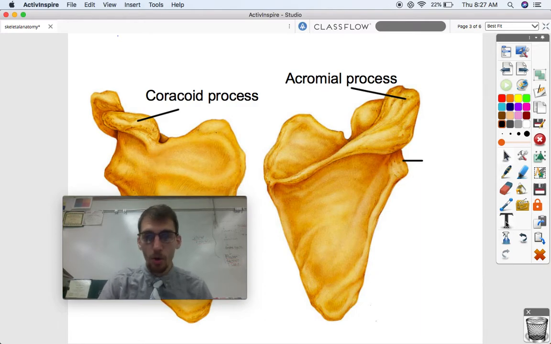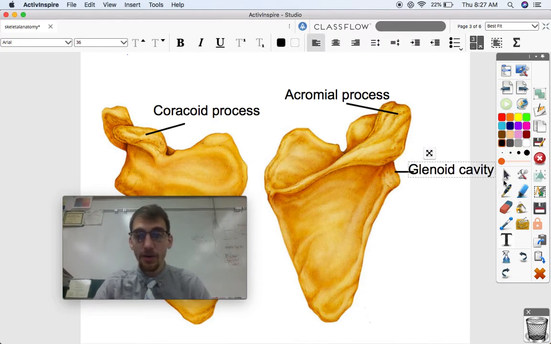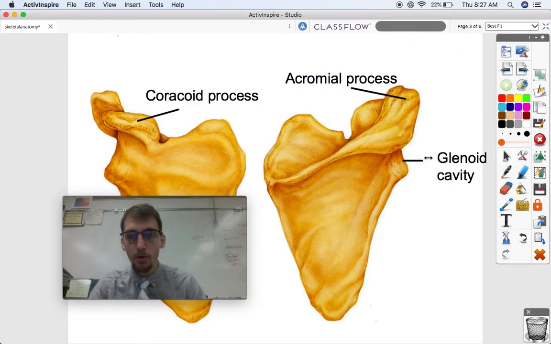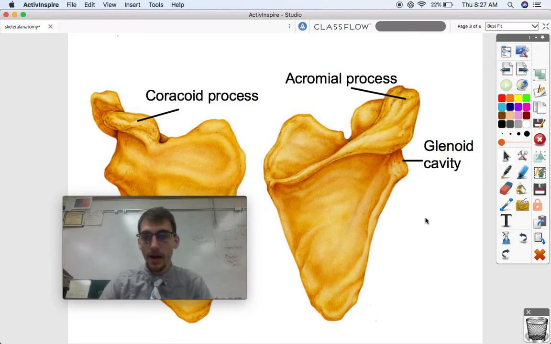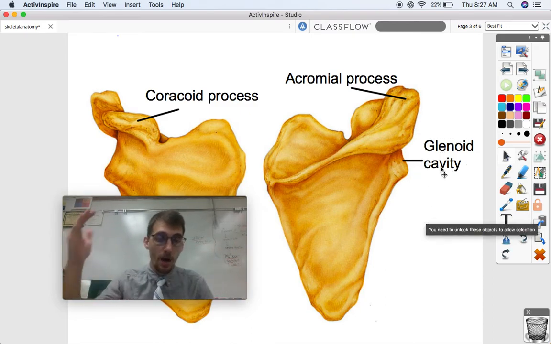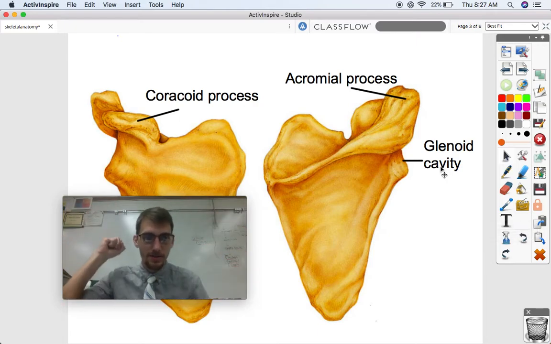So there's the coracoid process and the acromial process. And then finally we have the glenoid cavity. Both the femur and the humerus attach to the torso with ball and socket joints. The glenoid cavity is where the upper portion of the humerus fits in, just like we saw with the femur and the acetabulum. And so you have a ball and a socket. You can move it around in all sorts of different directions.